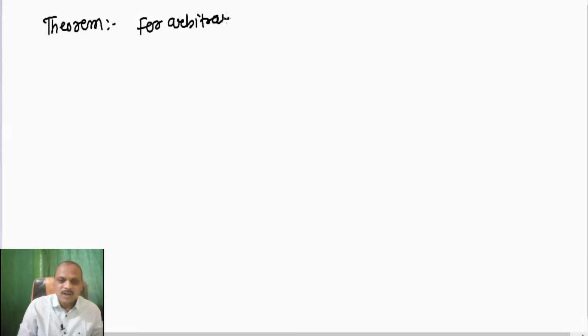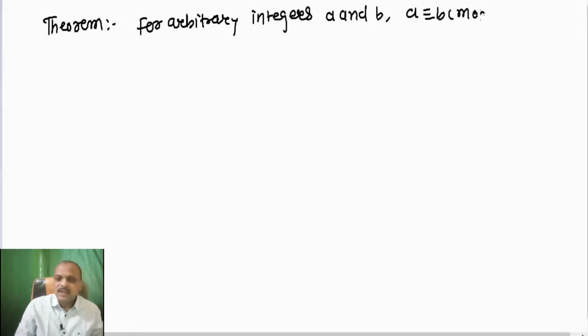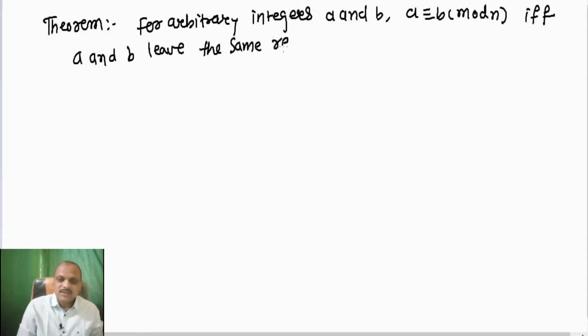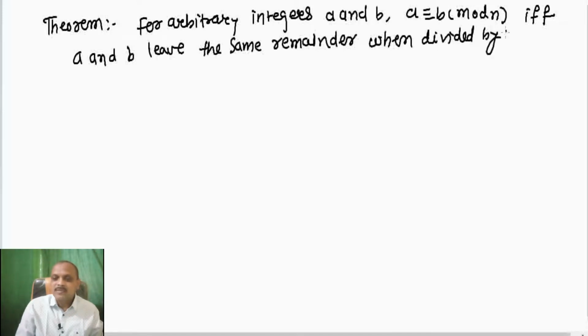For arbitrary integers a and b, a is congruent to b modulo n if and only if a and b leave the same remainder when divided by n.